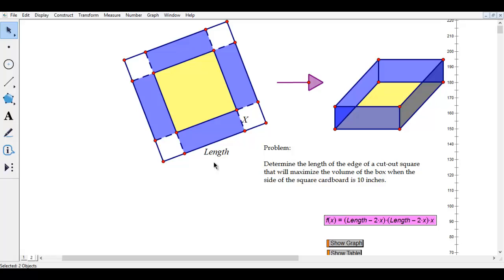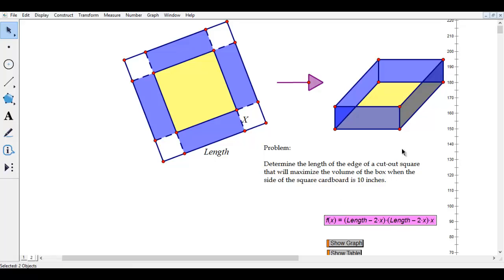So for the length over here, we can see that this length right here is equal to the length minus 2 times x, right? Minus 2 times the length of the side of the cutout piece. So that's our length.